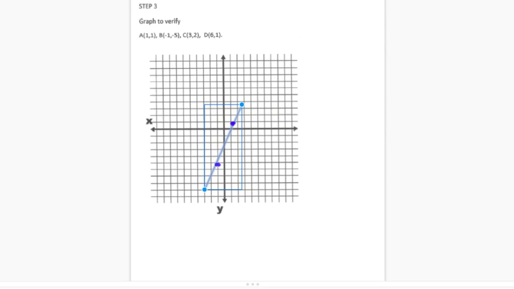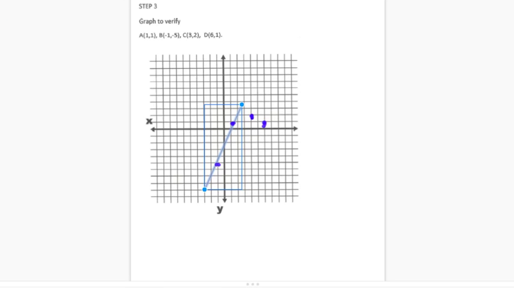And now my other points are (3, 2). So I'm going to go over 3 and up 2. So right here. And then I'm going to do (6, 1). Over 6, 1, 2, 3, 4, 5, 6, and up 1.